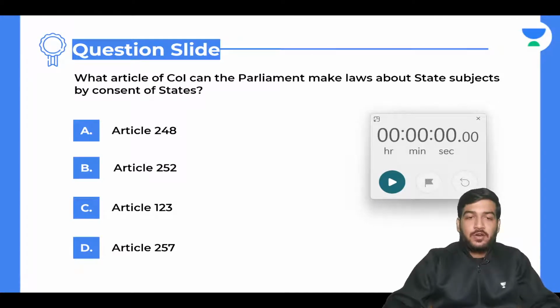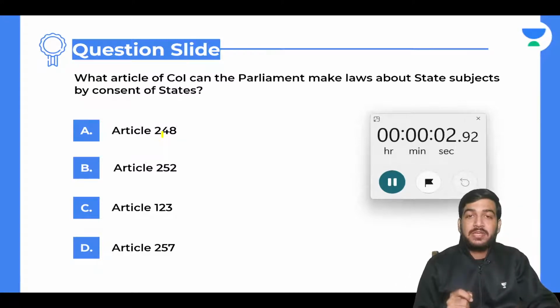What article of the Constitution of India allows Parliament to make laws on state subjects by the consent of the states? This is in relation to the bills that have been introduced in the winter session of Parliament. Which article number will be used by the Union government or the Parliament to make laws on state subjects?